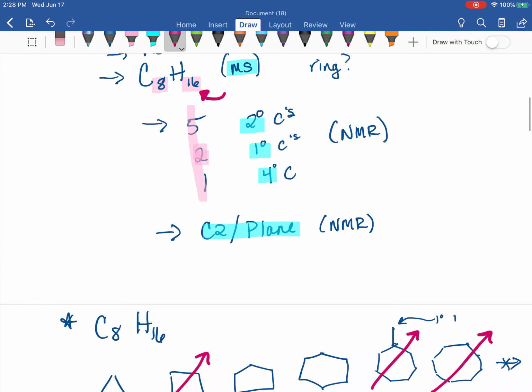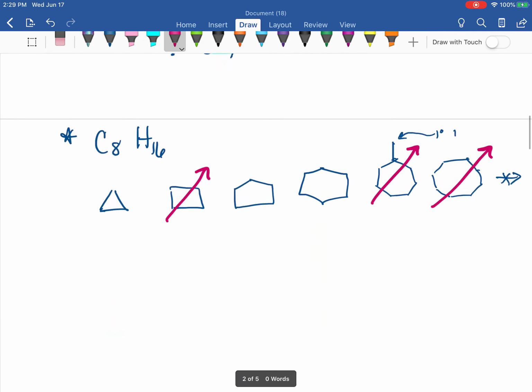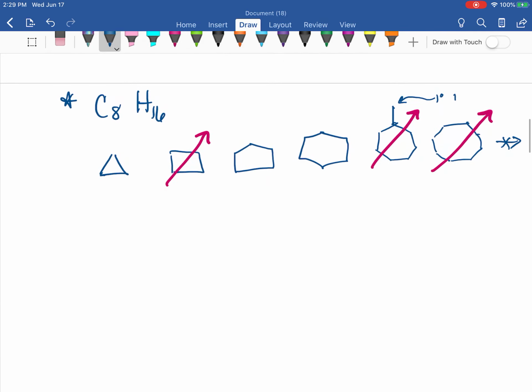Now is my favorite part of these puzzles. You just start to draw. Literally, fill a sheet, just start to draw. If I have a cyclopropane, that's 3 carbons. 1, 2, that's 5, 6, 7, 8. Okay, I just started drawing.